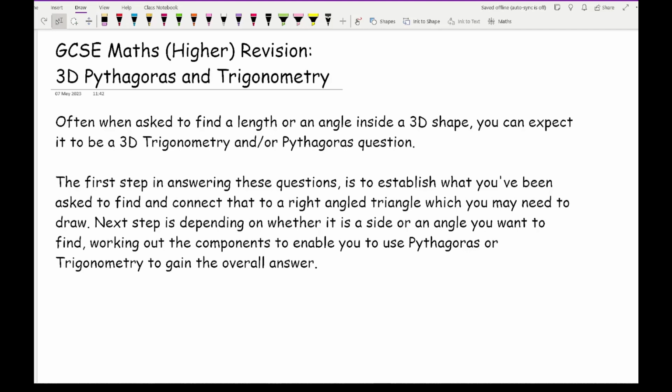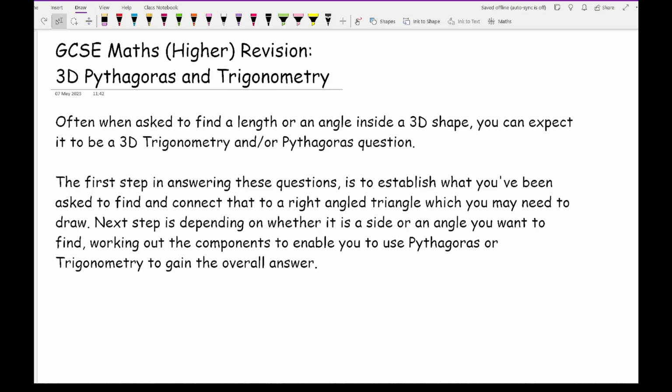The next step is then, depending on whether it's a side or an angle that you want to find, to work out the components to enable you to use Pythagoras or trigonometry to gain the overall answer. Now that might seem like a big waffle, but when you put it in the context of a question, hopefully it will make a bit more sense.